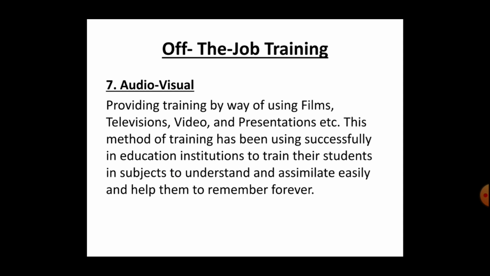The quality of the presentation can be controlled and will remain equal for all training groups. And audio visual constitutes a one way system of communication with no scope for the audience to raise doubts for clarifications. There is no flexibility of presentation from audience to audience in this type of method.